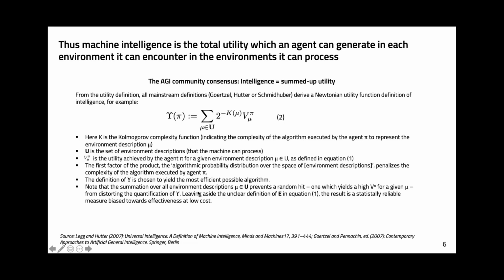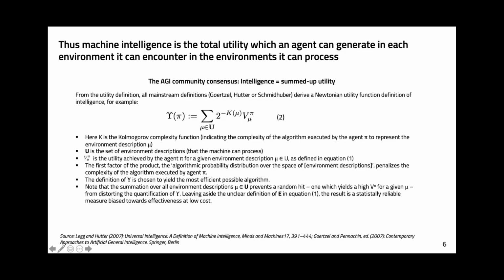So basically, the definition of intelligence is chosen to yield the most efficient possible algorithm to achieve a certain utility. Also, the summation over all environments prevents a random hit. Because you have to perform in many environments, you can guarantee that the equation doesn't give you a distorted outcome.